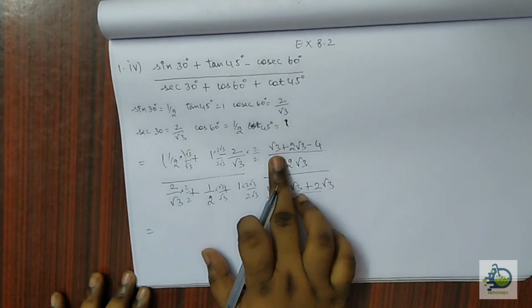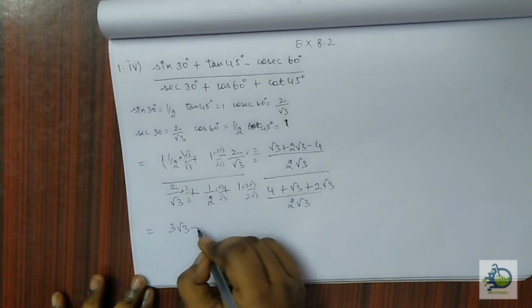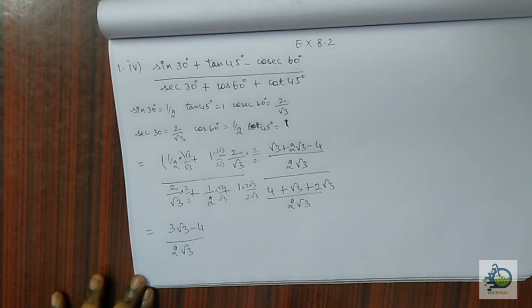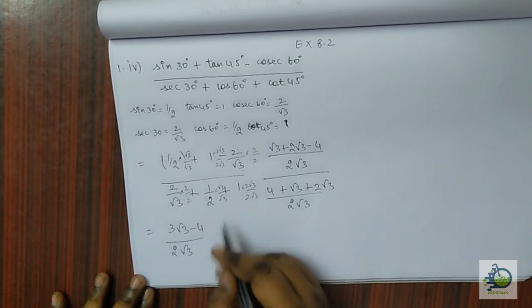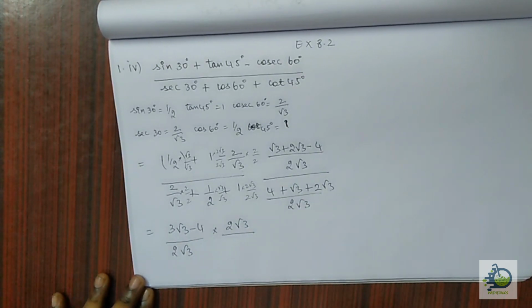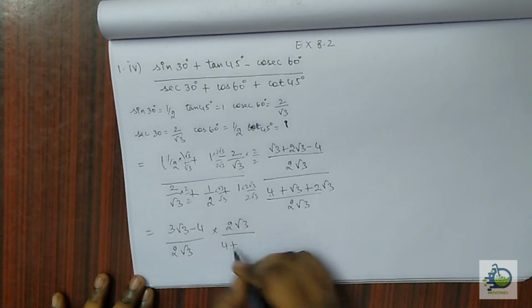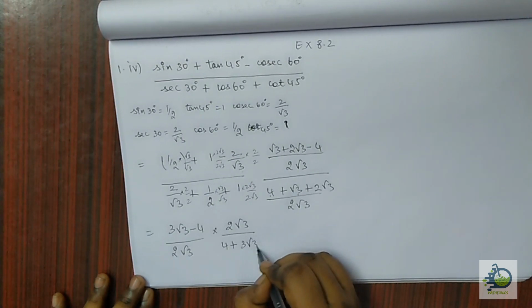Now root 3 plus 2 root 3 is 3 root 3 minus 4 divided by 2 root 3. And here when I take it to the numerator, it gets reciprocal and 2 root 3 comes as numerator, and here 4 can be written as the same. Root 3 plus 2 root 3 is 3 root 3.